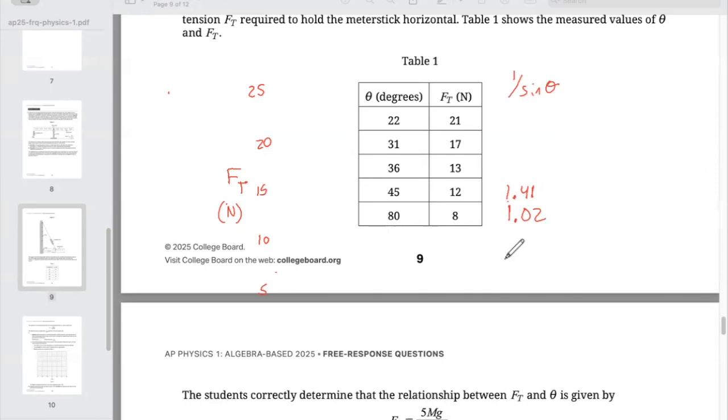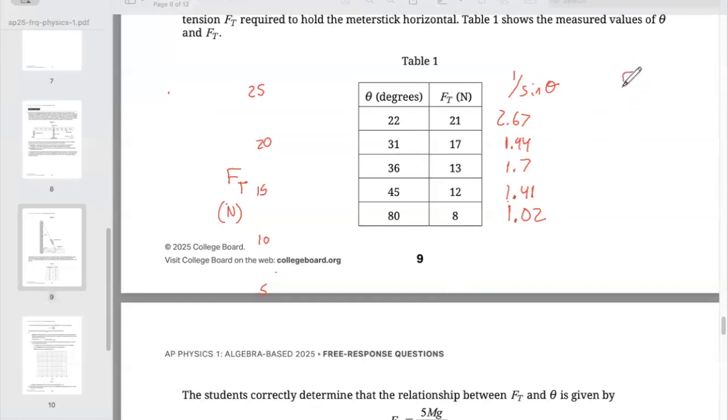Sine of 36, I do not know what that is off the top of my head, but let's take 1 over what my calculator is giving me, and that gives you 1.7. Sine of 31 is probably pretty close to 0.5. Yeah, it's 0.52. 1 over that is going to give you approximately 2. It's 1.94, I wasn't all that close. And then sine of 22, take 1 over that, and that is going to give you 2.67. So those are the data points that we are going to plot.